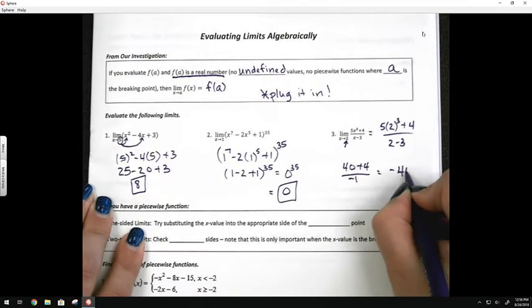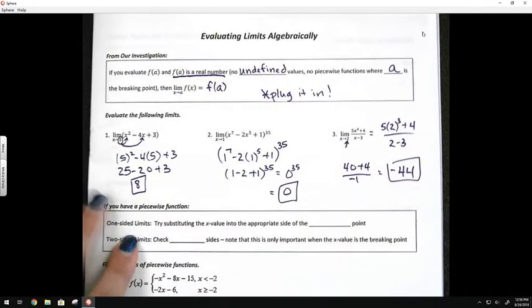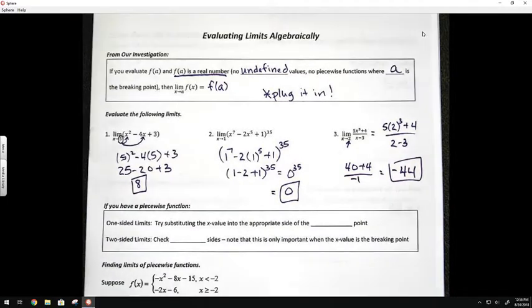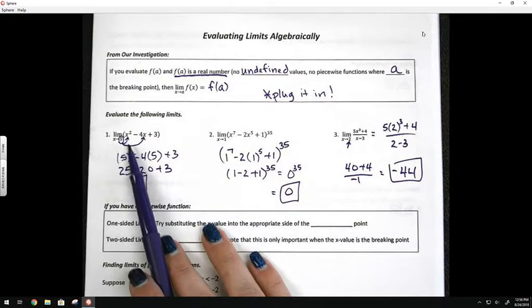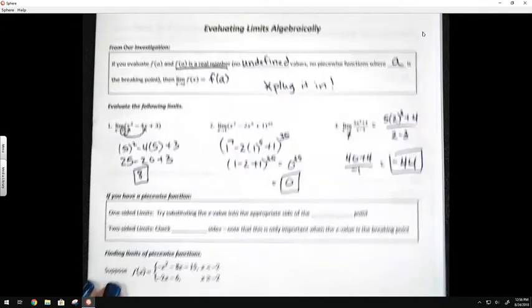So we get a final answer of negative 44. So the first thing I would do is check to make sure that the value that we're trying to evaluate the limit at actually works in there, because if it does, you can literally just substitute it. That's the best part about some of these ones.